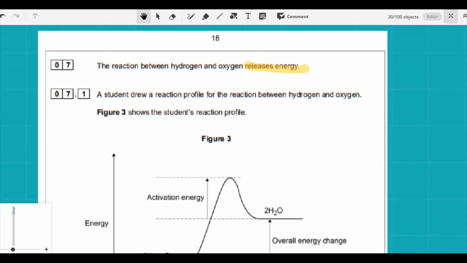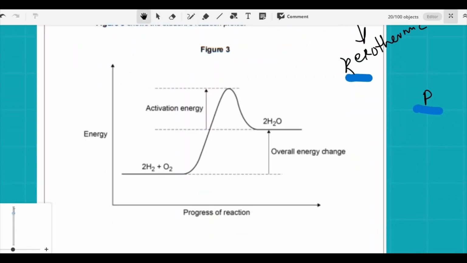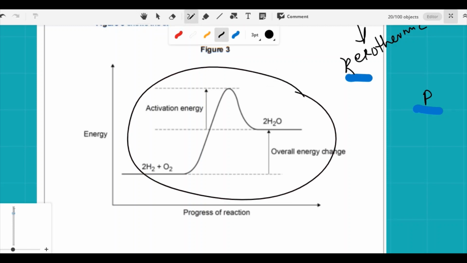First, if you see that there is a release of energy, it means the reaction profile should be for exothermic. And in exothermic, the reactants are at a higher state and products are at a lower state. But if you see, the reaction profile is actually for endothermic.